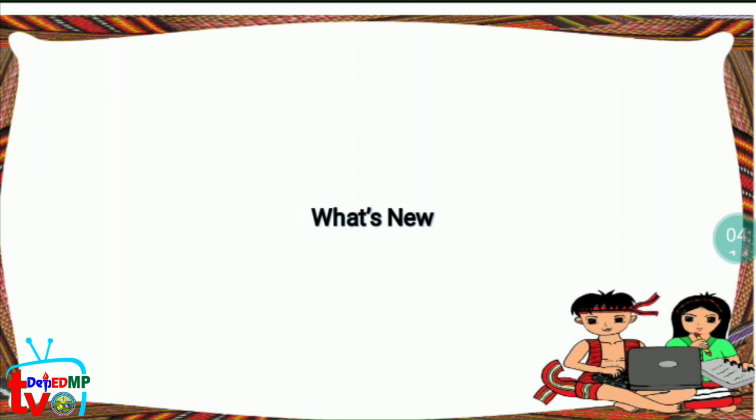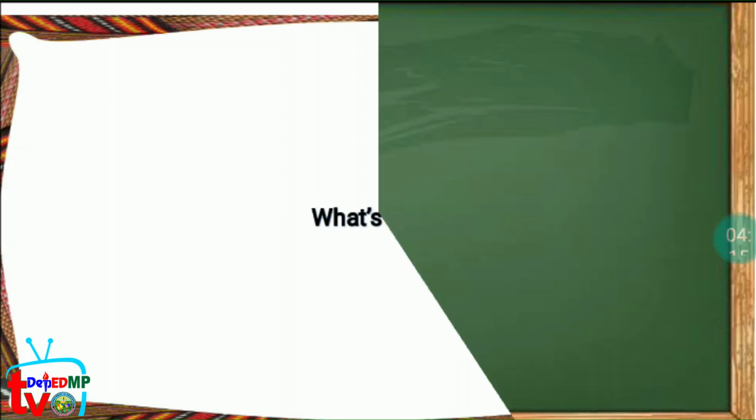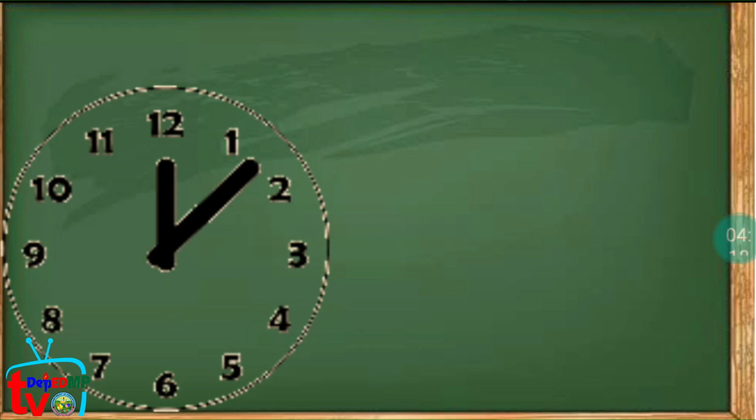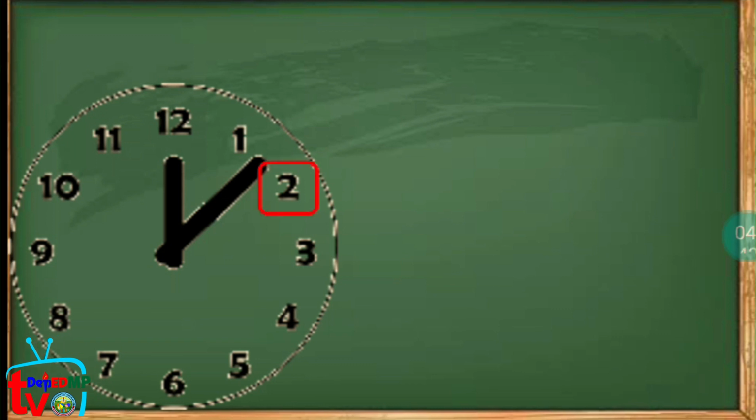What's new? Using this clock, tell the number that comes before 2. Before 4. Before 6.